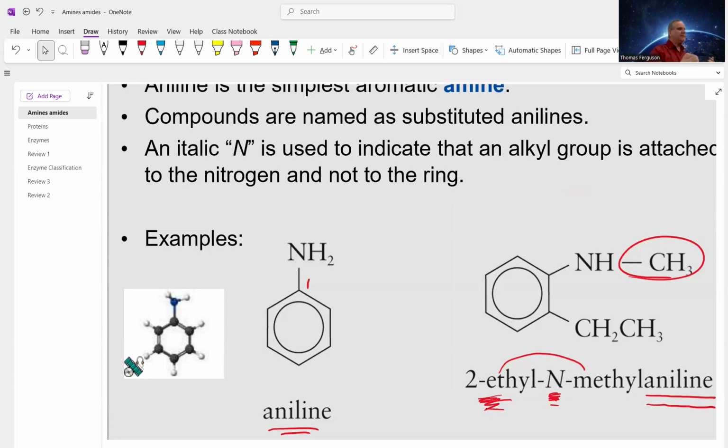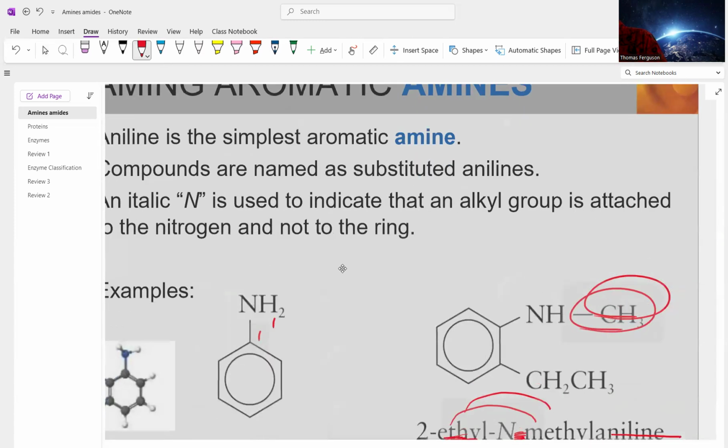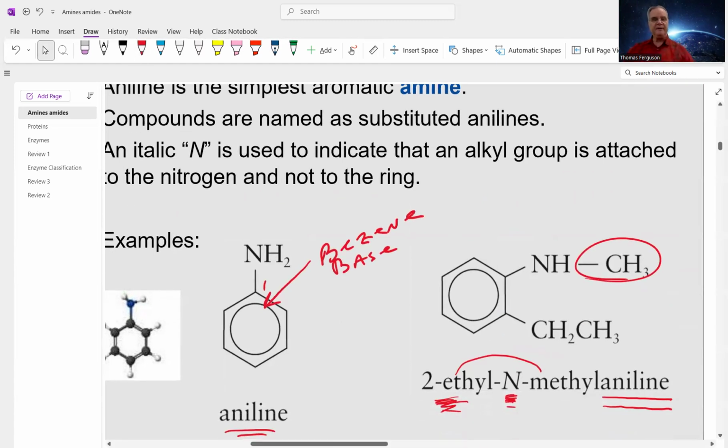Like in a previous chapter on acids, we had benzoic acid as the simple aromatic compound. And then we had toluene when we had the methyl group. And in this case, we're going to have aniline. So we have what's going to be the benzene base.